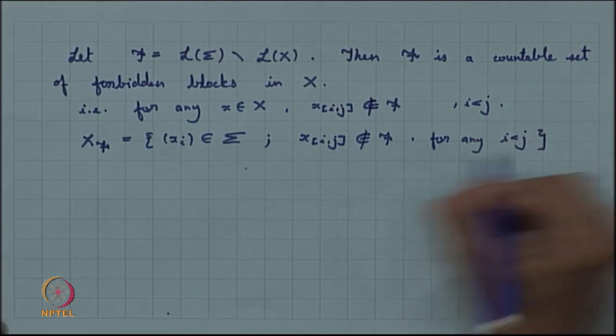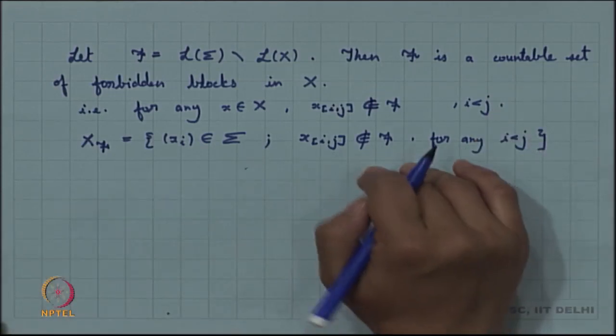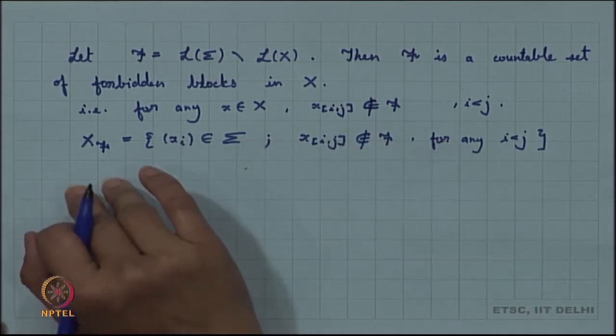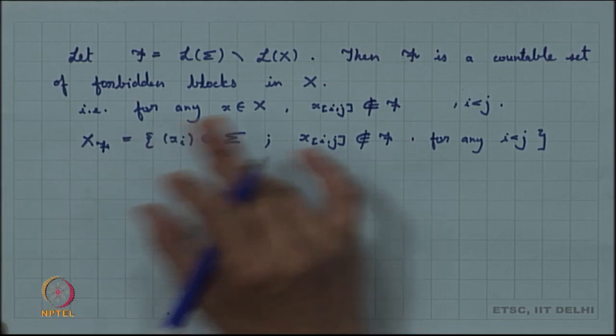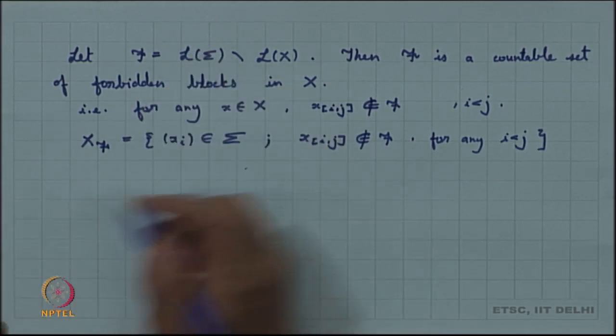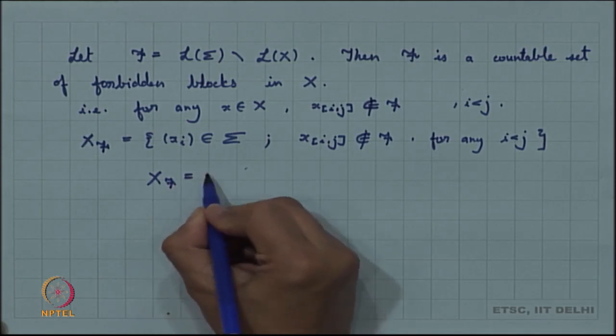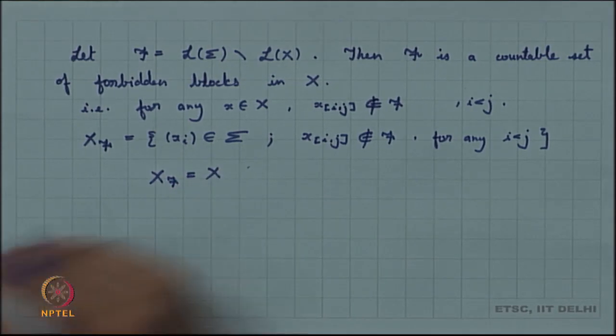So for any i less than j, this block does not appear in F, and all such sequences we denote as X_F. Now the way we have defined F, we can easily say that X_F turns out to be the same as X. So what does that mean?